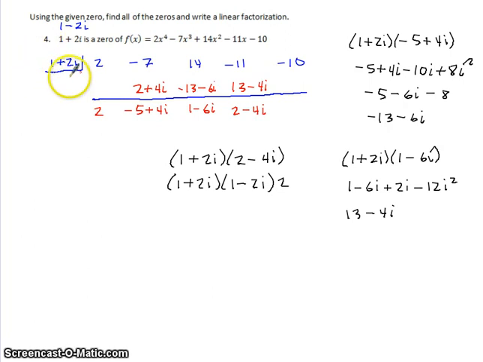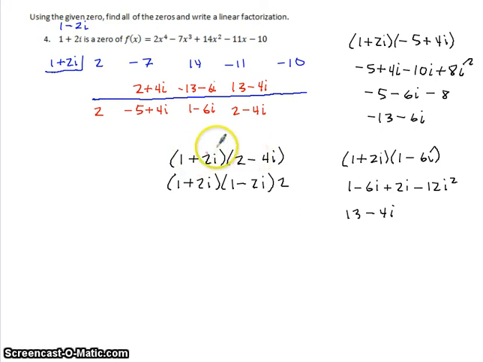Okay, so you can see that I've synthetically divided with that complex number, and you have all my work surrounding. I have stopped right here to show you guys that I know I'm on the right track, because when we multiply 1 plus 2i times 2 minus 4i, we have two conjugates of each other.